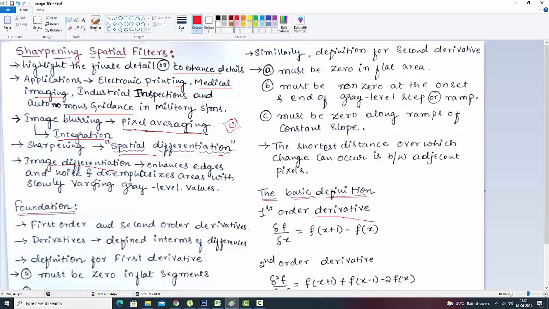So image differentiation means we are enhancing the edges and the noise, and de-emphasizing the areas with slowly varying gray level values. That means where the values are not changing we leave them, but where the values change, say from black to gray, there is a contrast portion. Mainly we are enhancing that edge portion.